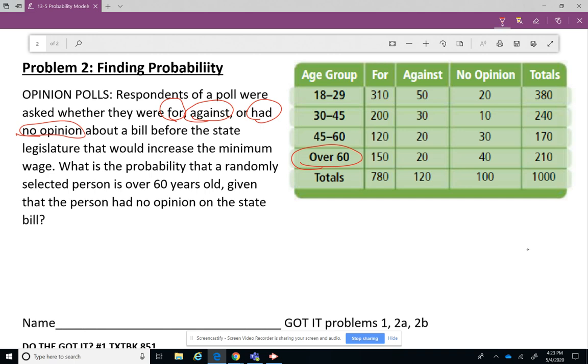So we're assuming that the person had no opinion. We're given that information. So that's all we're looking at, is the one with no opinion. All right, so look, how many people that were over 60 had no opinion? That's 40. So we're going to put the probability over 60 with no opinion.